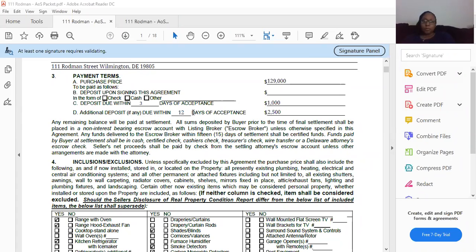So if my seller signed this today, in 12 days they would have to give this extra $2,500. They could have set a home inspection date of 15 days from now and then given my seller 5 more days to negotiate that. So they would be on the hook for this $2,500 without having the home inspection hurdle cleared. Okay, I see what you're saying. You understand what I'm saying?